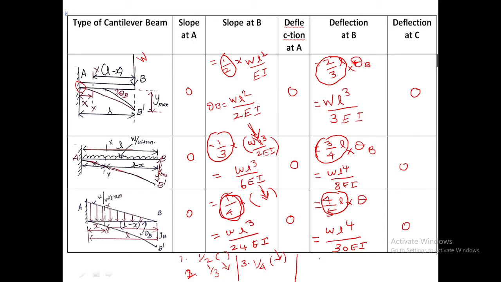In deflection, the first is 2 by 3 L into the corresponding slope, the second is 3 by 4 L into the corresponding slope, the third is 4 by 5 L into the corresponding slope. Okay.